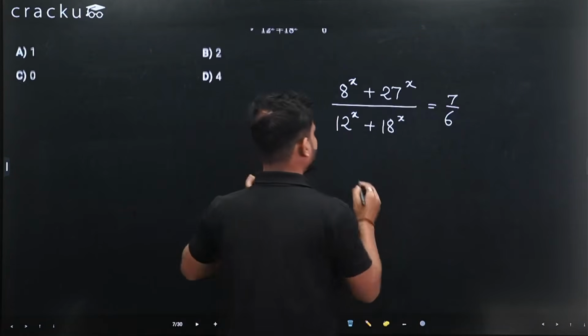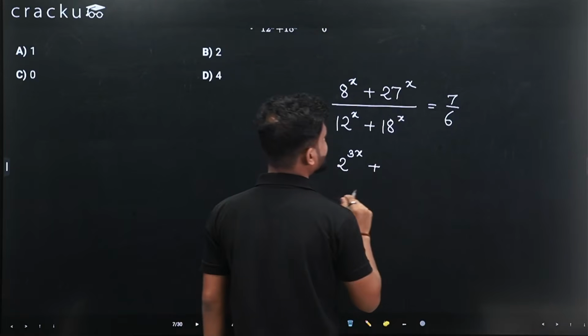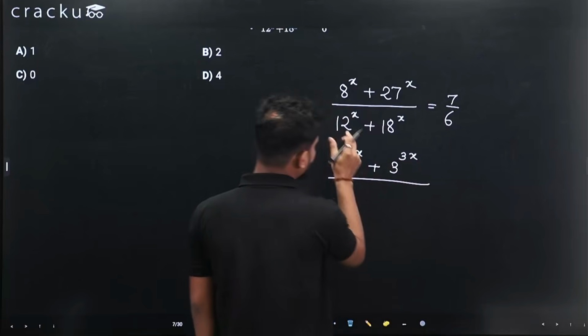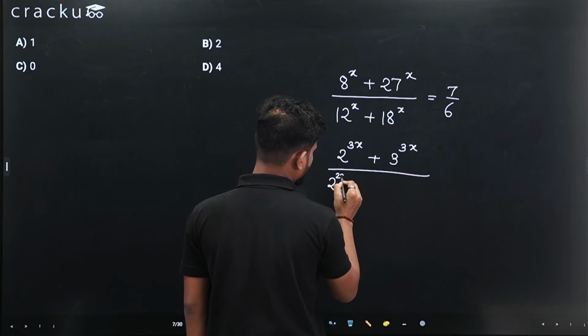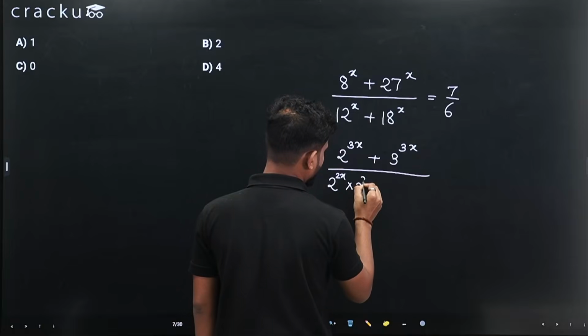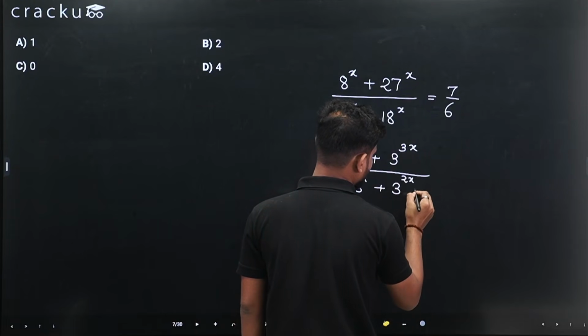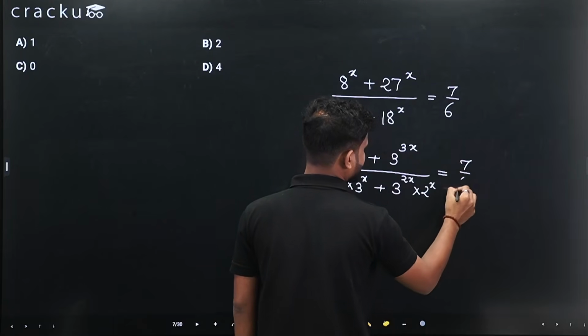So 8^x is nothing but 2 raised to 3x, plus 27^x is nothing but 3 raised to 3x, upon you can write this as 4 into 3 raised to x, or 2 raised to 2x into 3 raised to x, plus this you can write 3 raised to 2x into 2 raised to x, is given as 7 by 6.